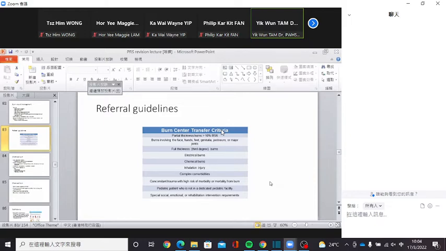If the burn wound is a full thickness burn, special mechanisms like electrical burns, chemical burn, obviously inhalation injury. If the patient has very complex comorbidities or concomitant trauma, then you will have to refer them to a burn center for further care.